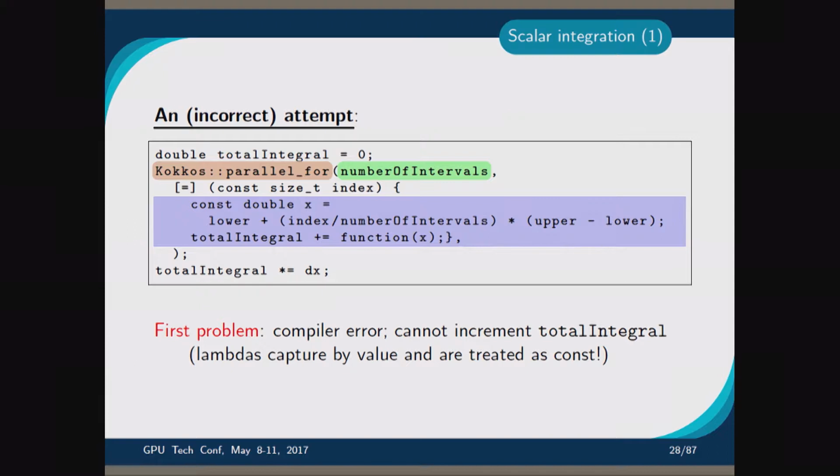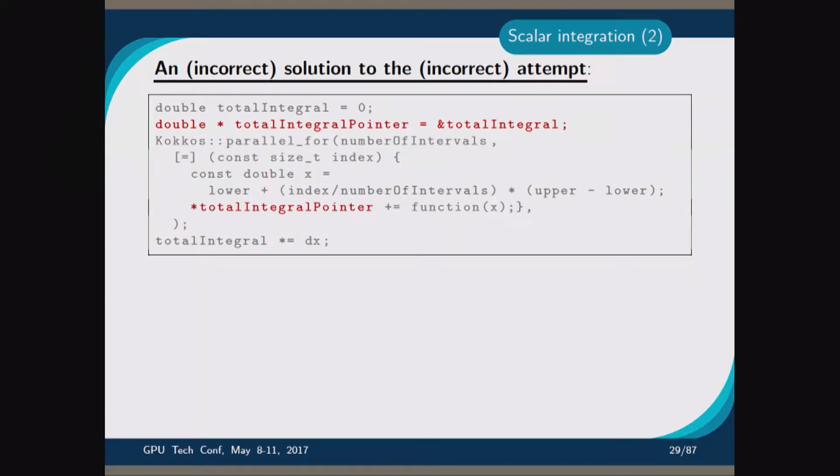Because you captured by value, that means this total integral is not the same as this total integral. It's a copy of it. And the compiler is actually going to tell you, hey, you can't do that because you've made a copy, and that copy is a const copy because it's trying to protect you from doing silly things like this, and it won't work. So what do you do?